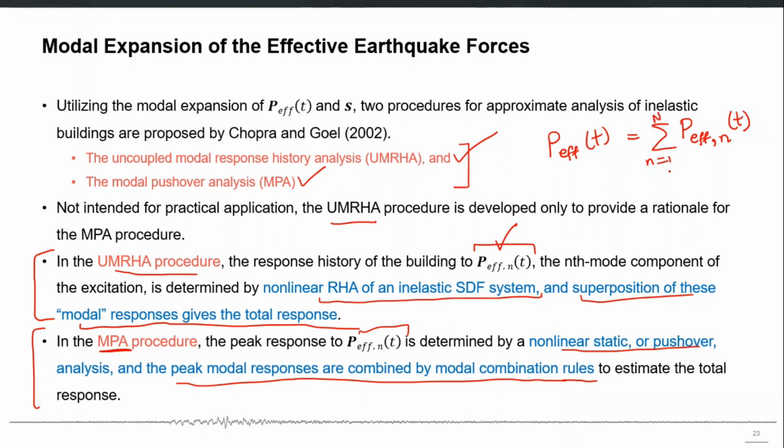The spatial distribution of P effective n is represented by Sn, and the time variation is represented by the actual earthquake time history, u g double dot. Sn can be determined using the modal participation factor, mode shape vector, and mass matrix, right? So this is the overview of the concept of modal expansion of effective earthquake force. Next we will apply this concept to understand the uncoupled modal response history analysis and then the modal pushover analysis procedure, right?